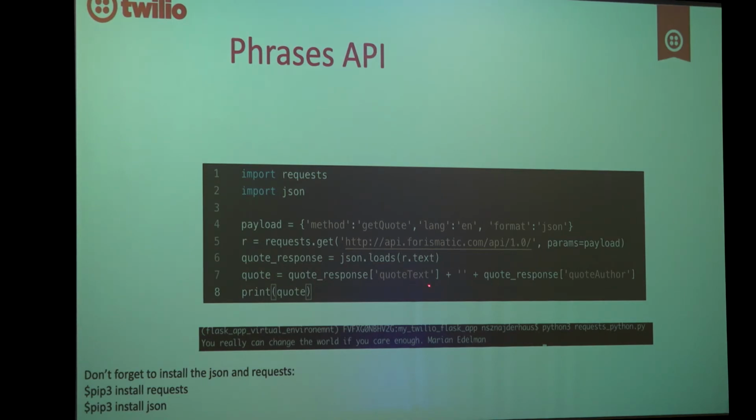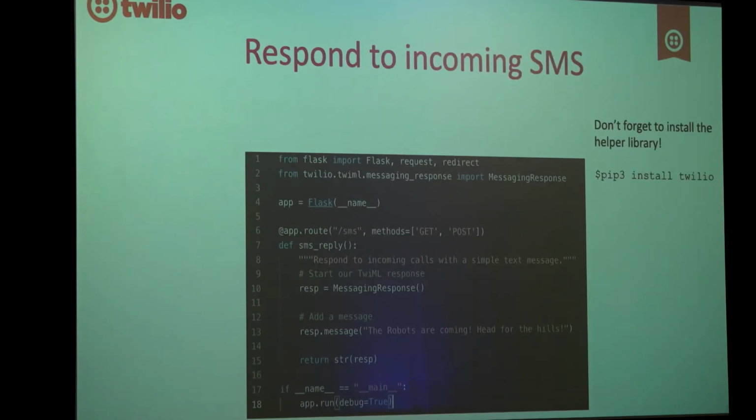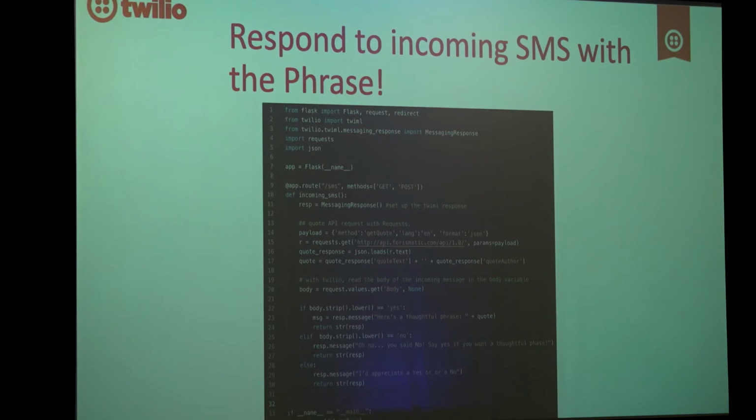So this is what we're going to use in the response to the incoming message with Twilio. So here's the same piece of code. We first make the request, and we capture the response in this variable called quote, and we prepare the quote and the author.